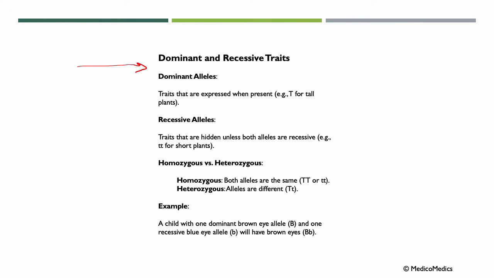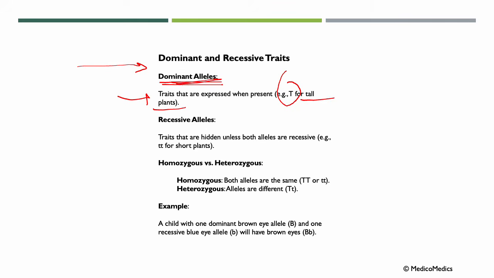Now, dominant and recessive traits. Dominant alleles are traits that are expressed when present. For example, capital T for tall plants. Meaning dominant traits win over recessive traits. But recessive traits can appear if both parents actually pass them on.